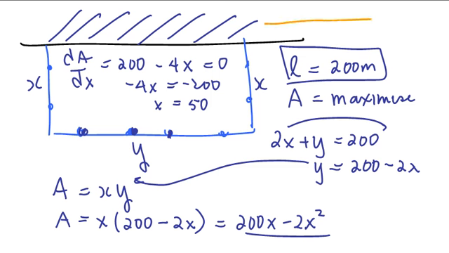And if I did the number line method, which I know you guys have practiced a lot by now, when x is 50, 200 minus 4x is going to be negative on this side and positive on this side. So that means I'm increasing on this side, decreasing here, and that means there's going to be a local max.